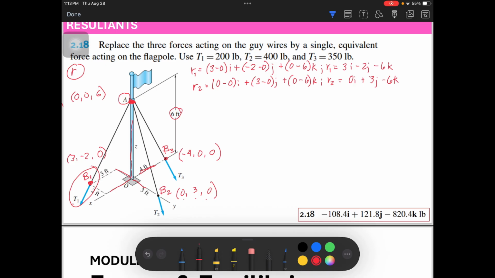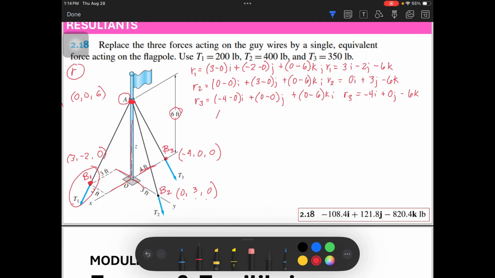Minus 6K sa z-axis. Number 3 or R3, the location vector of force 3. So, ano yung B niya? It's negative 4 minus 0 plus 0 minus 0 plus 0 minus 6K. So our location vector for force 3 is negative 4i plus, wala siyang y coordinate, minus 6k.